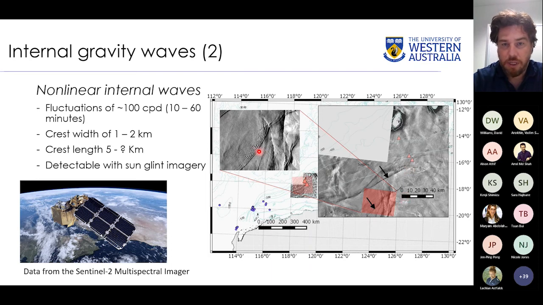But then zooming in down here, this box is about 30 kilometres across, and you can see these packets are about 1 to 2 kilometres width, and this length scale is much larger.